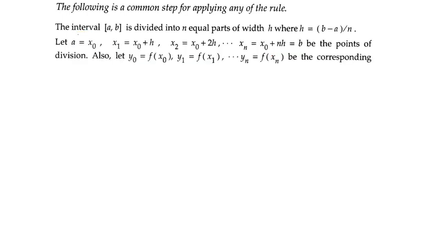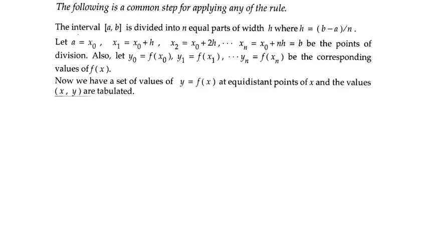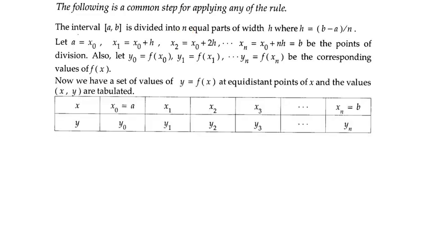So for these values of x, we can find out the values of y respectively and call them y0, y1, and so on. Then we can apply the respective formula based on the n here. If we tabulate the found values of x and y, we form a table of x values and y values.